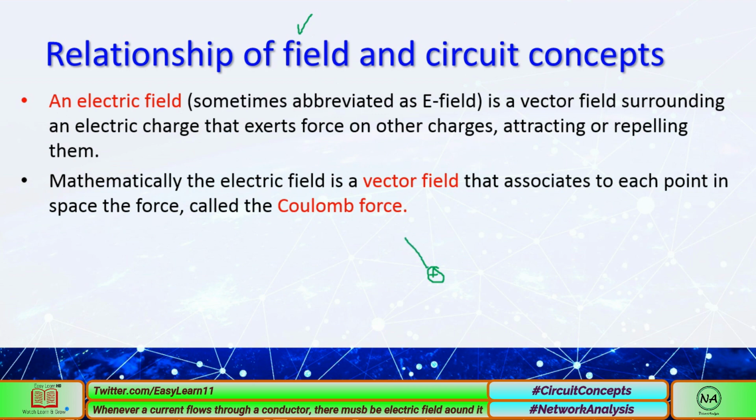Like this is, suppose, a point charge, and it has a field. Suppose I am just drawing arbitrarily. The direction is always shown with an arrowhead. Suppose we have arrowheads in different directions.